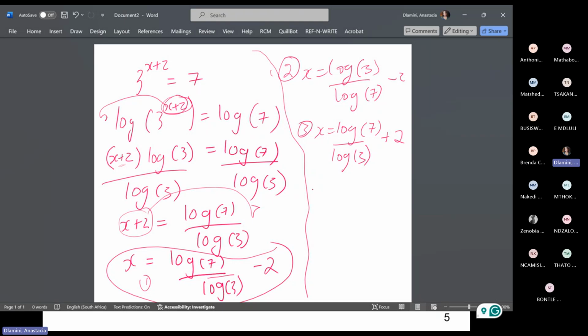For example, number 4, I can say x is equal to log of 7 plus log of 3 minus 2. And someone can say, oh, this looks like it. But remember, when you are dividing, this has to be negative. So it's those mistakes that people make that will cost them, because all of them are close to the solution. So that's why you need to be very careful.